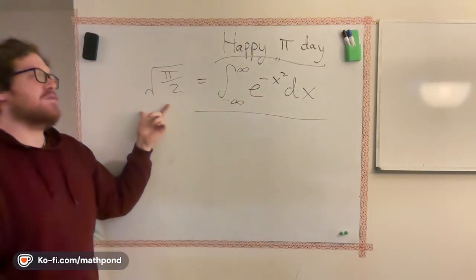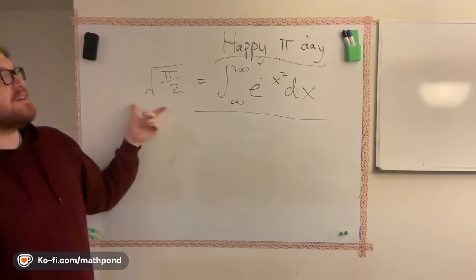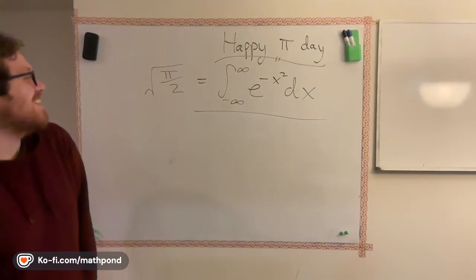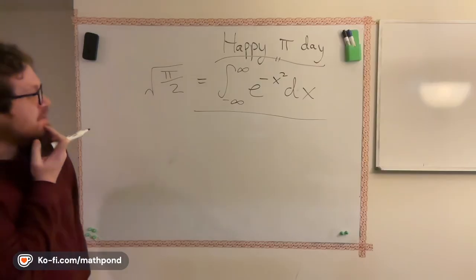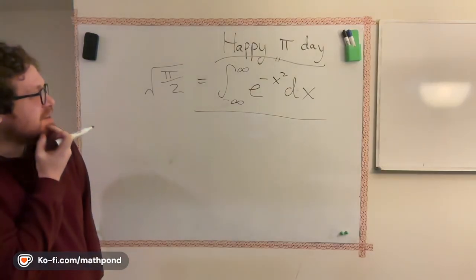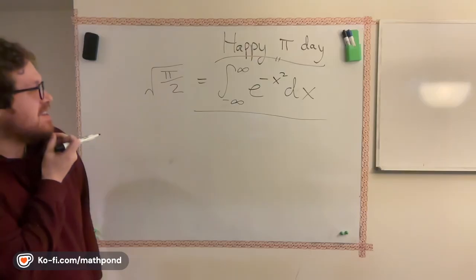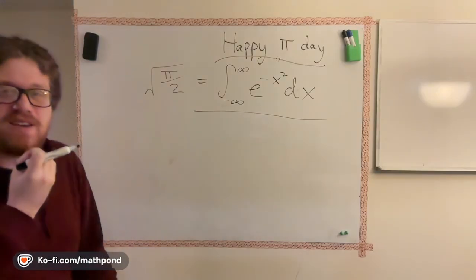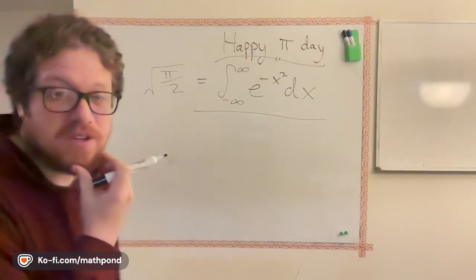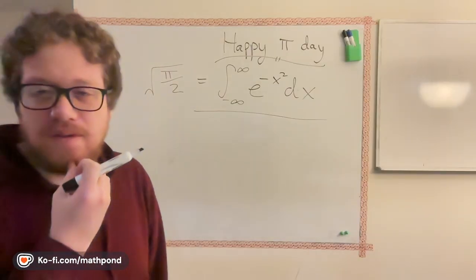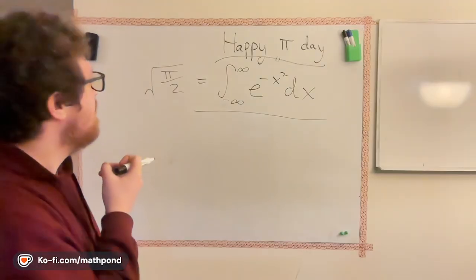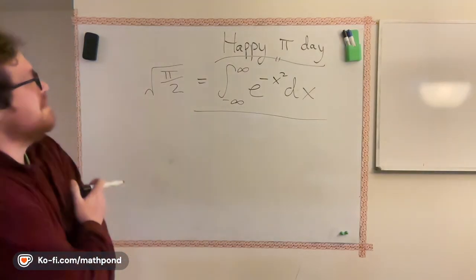I probably have this wrong, actually. I should probably figure out what it is. Is it square root of pi over 2? Or is it just square root of pi? I don't remember. I think it's without the square root. No, it's definitely not without the square root. No, there's definitely a square root.